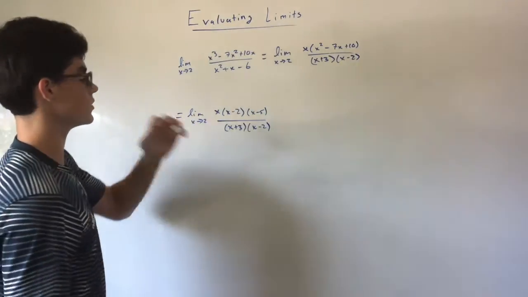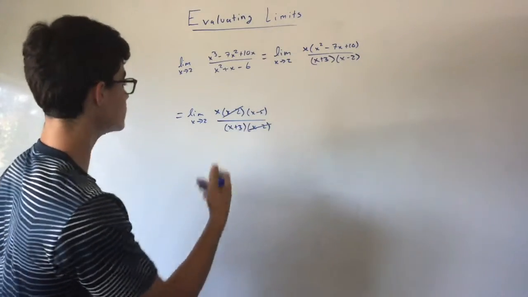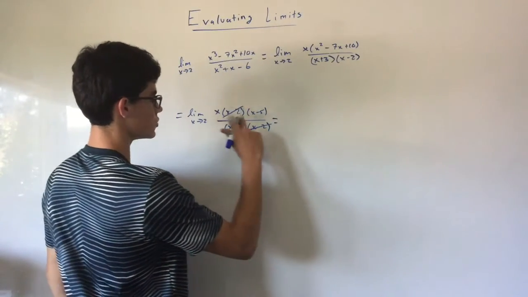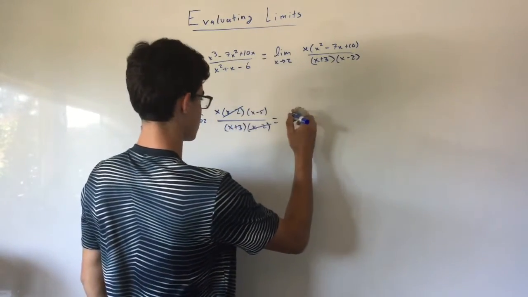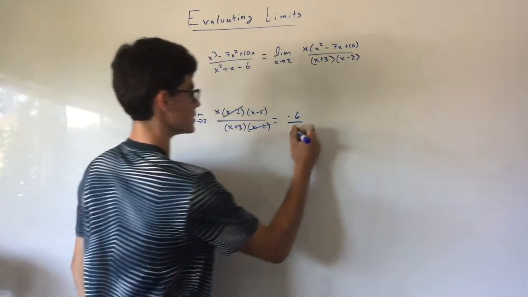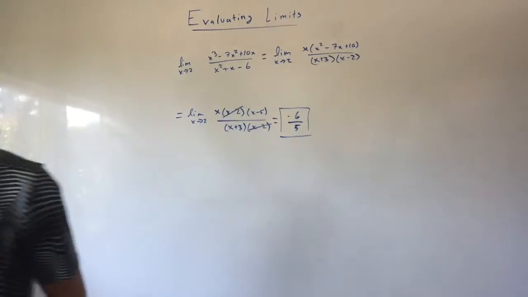But rather, we can do it this way. So we cancel out both x minus 2 on top and bottom. Let x be 2. So 2 times 2 minus 5 is negative 6 over 2 plus 3 is 5, and we get our limit. Okay.